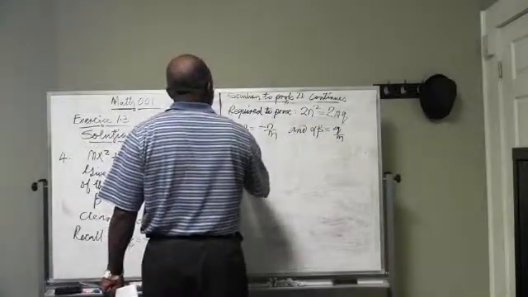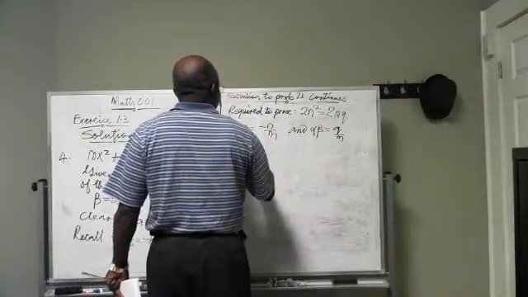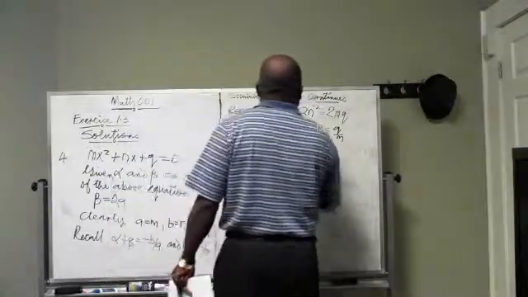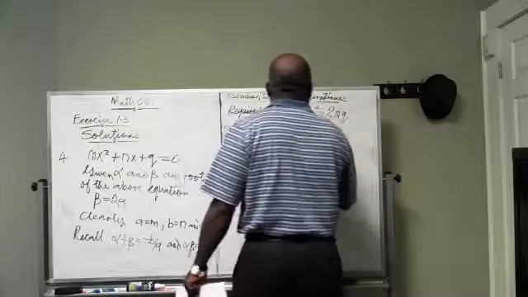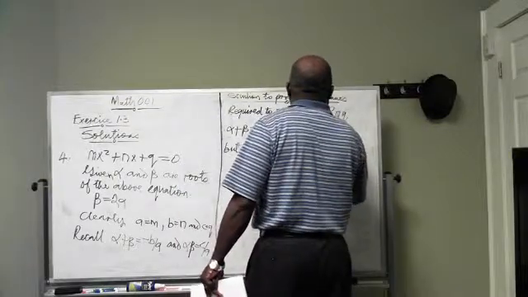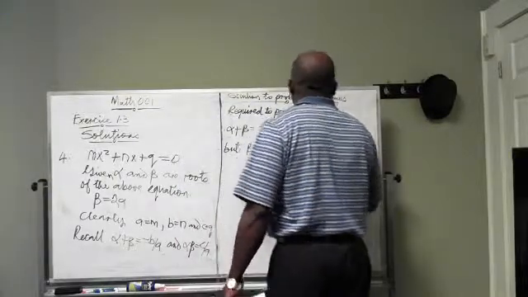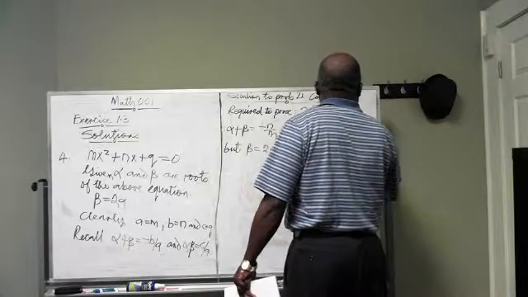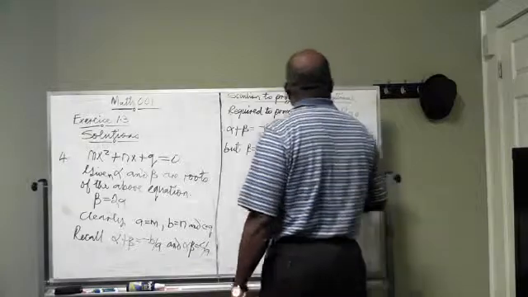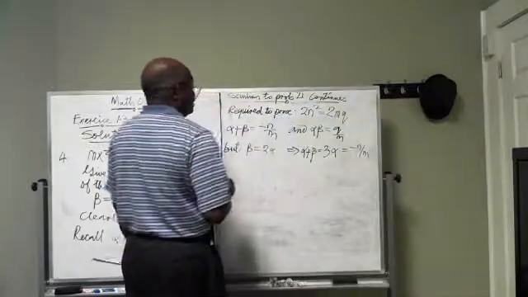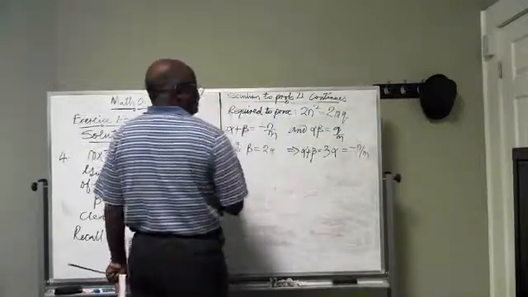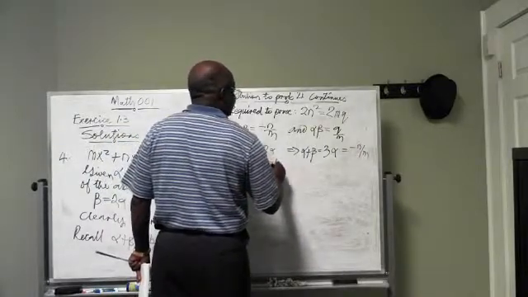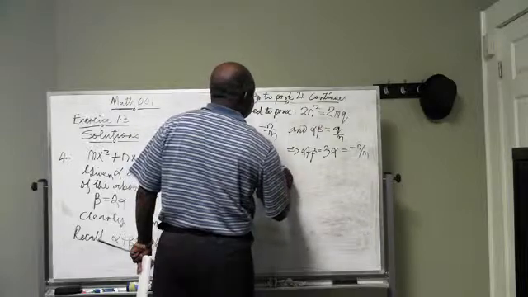But beta equals 2 alpha. This implies alpha plus beta equals 3 alpha, which is equal to minus n over m. From this, we see that alpha is equal to minus n over 3m.